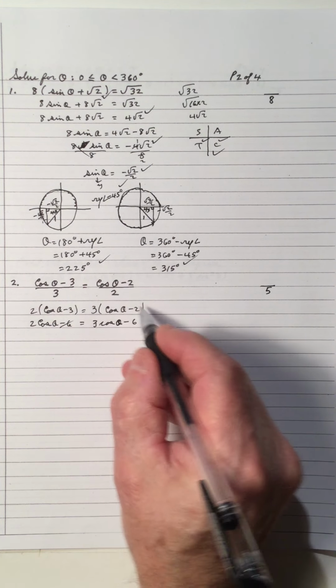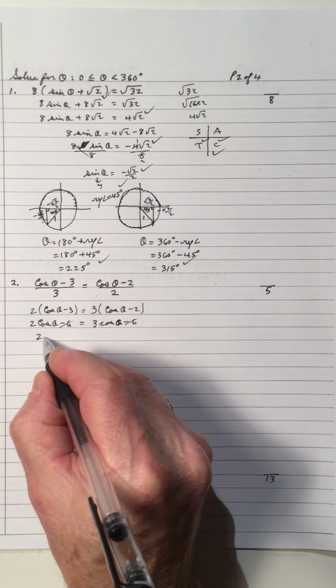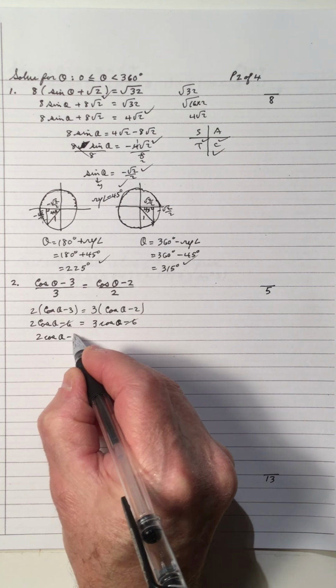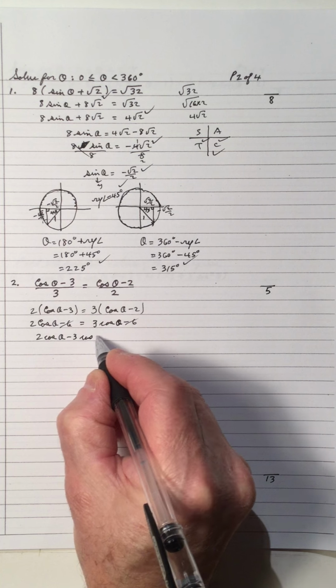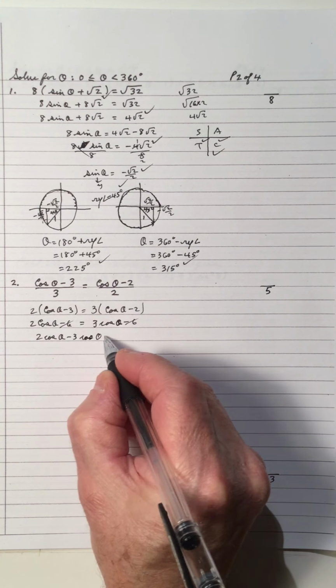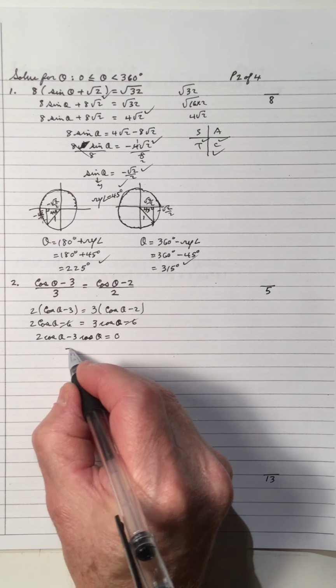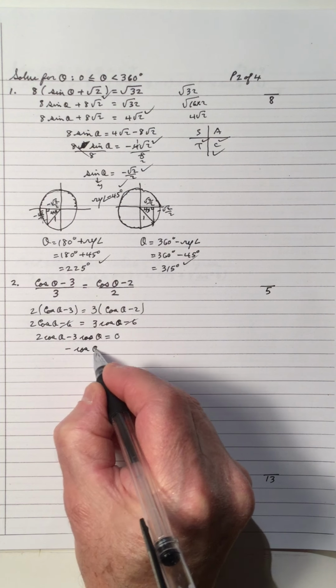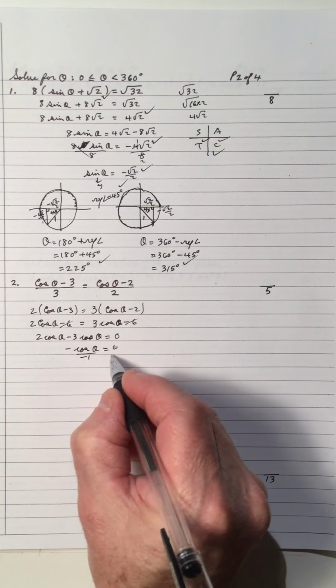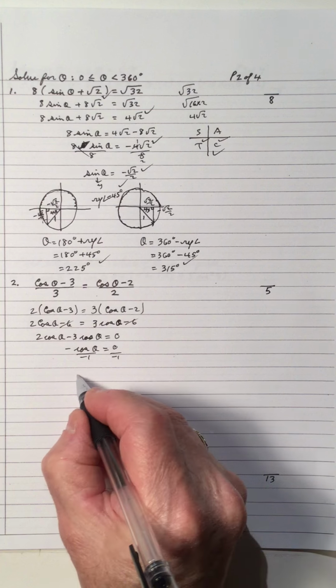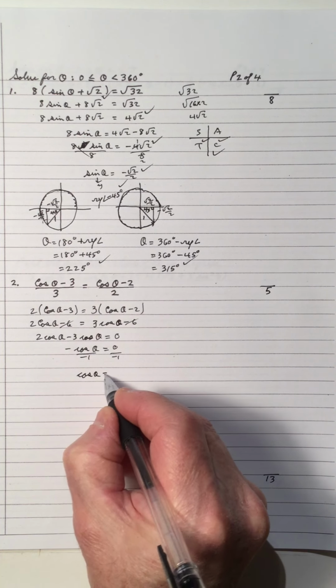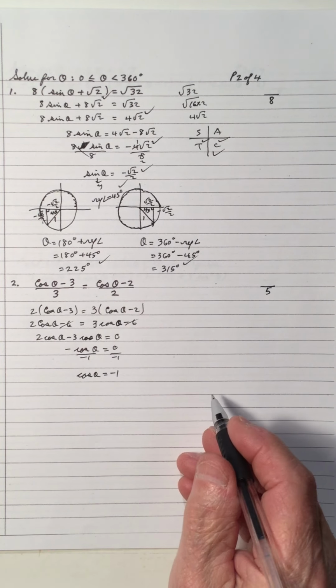And because the minus 6 is on each side, we can cancel them. So 2 cos theta minus 3 cos theta equals 0. So negative cos theta equals 0. Divide by negative 1.